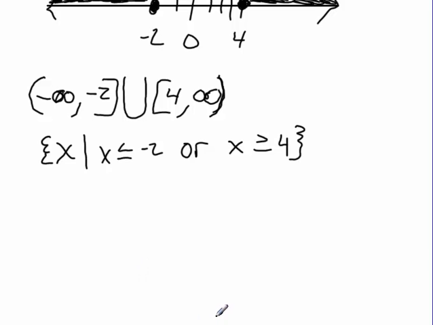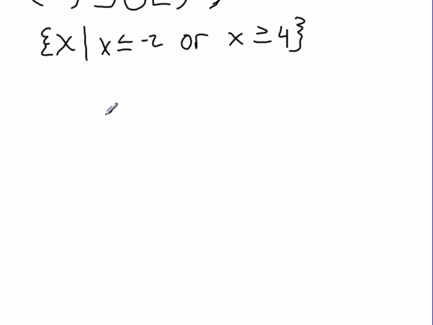Now I'm introducing this notation and this way of thinking about it because we're going to start dealing with problems like the absolute value of x is less than 6. Well, man, that's going to be tough to talk about.